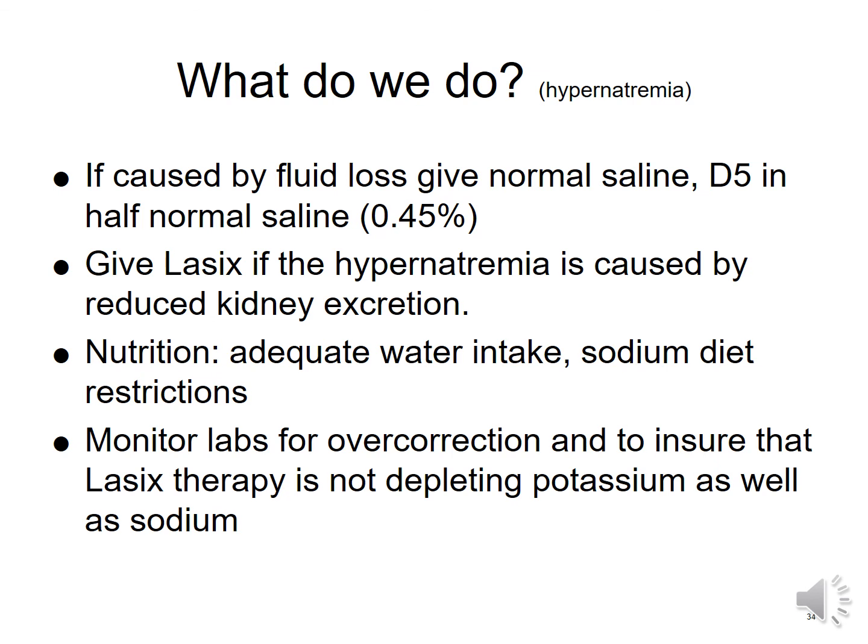So if the concentration of the blood is high because we've lost just fluids and the sodium is more concentrated because there's not as much water or plasma in the blood, there's more solutes, then we're going to give an isotonic solution like normal saline.